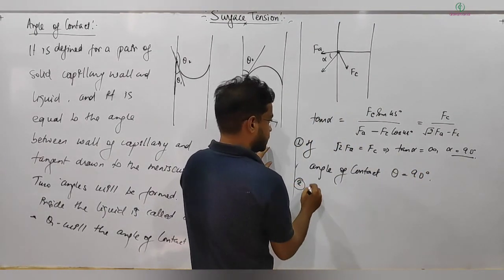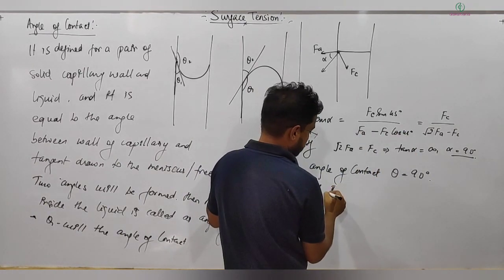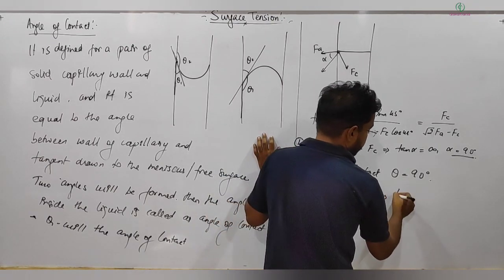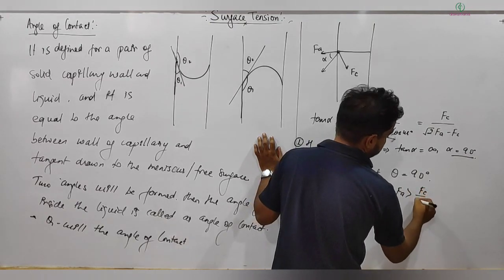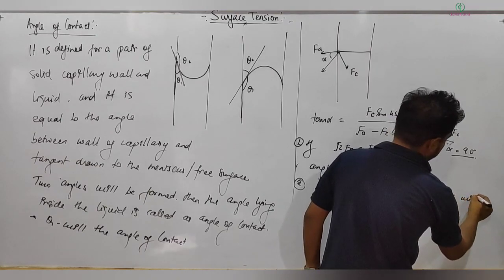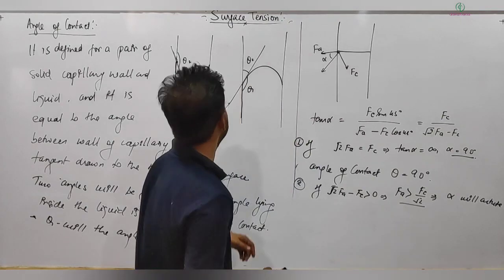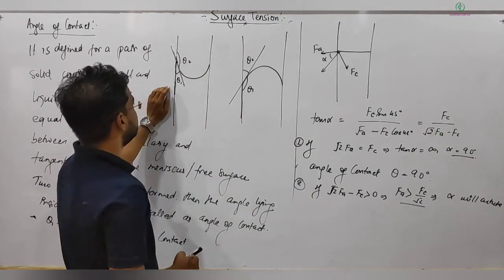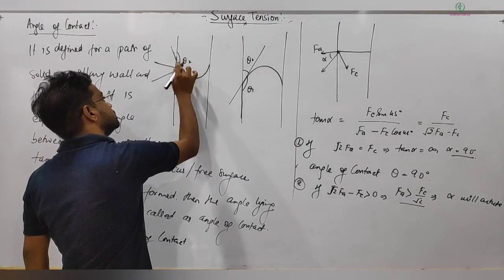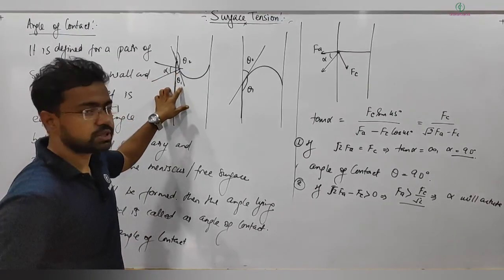Similarly in the second case, if this quantity is positive, means root 2 F adhesive minus F cohesive is greater than 0, F adhesive is greater than F cohesive by root 2, this implies alpha will be an acute angle. What will be the situation? So it will be like this situation, like this, and we can write here alpha will be equal to theta.